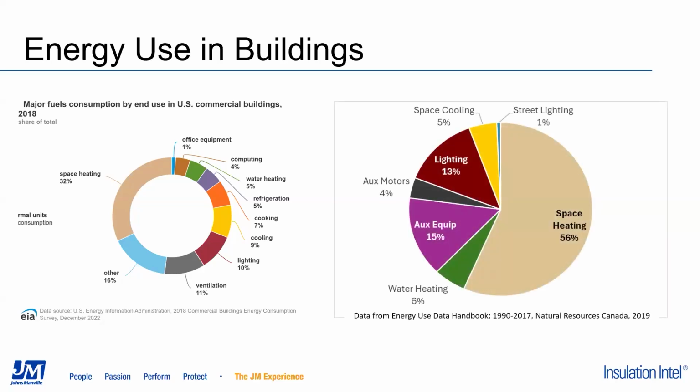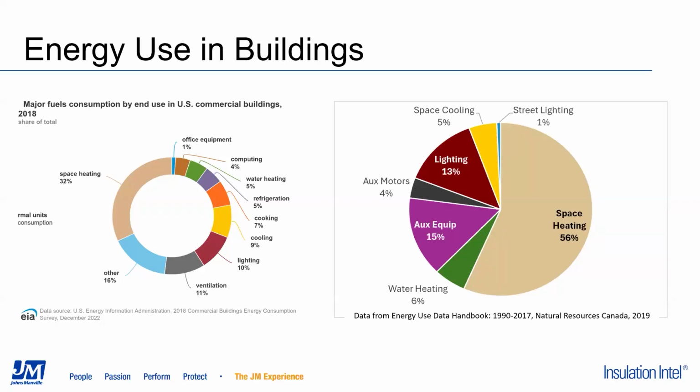And similarly in Canada, where we've got 2019 data, space heating is again the single biggest piece, water heating at 6%, space cooling at 5%, lighting right at 13%, that's a big piece. Some of the wedges that we see for the Canadian data versus the US data really just boil down to how we're lumping this data together.